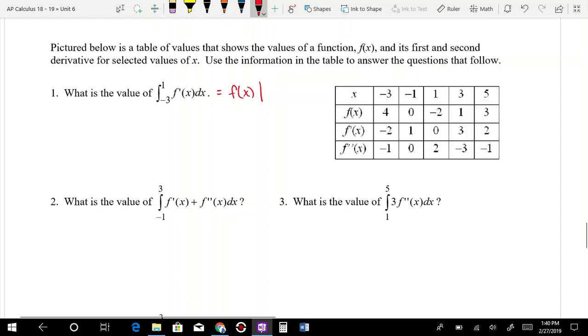So we want to find f of x from the interval from -3 to 1. So FTC tells us we need f of b minus f of a. So that'll be f of 1 minus f of -3, which is equal to -2 minus 4, which is -6.